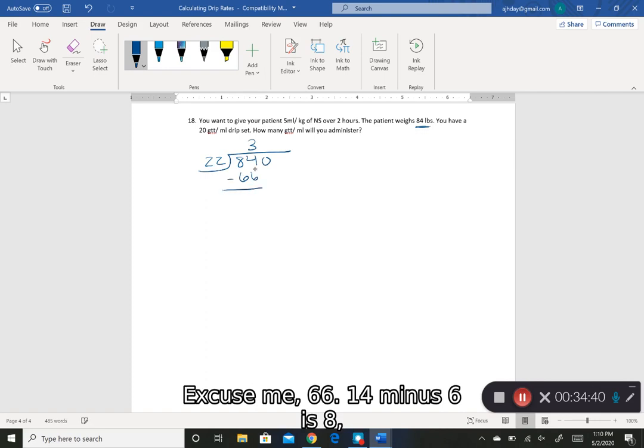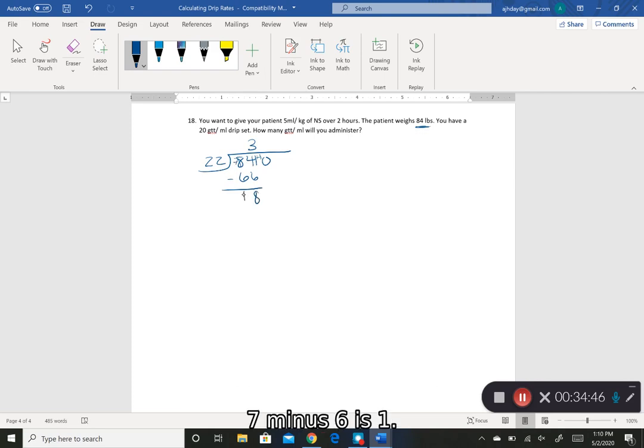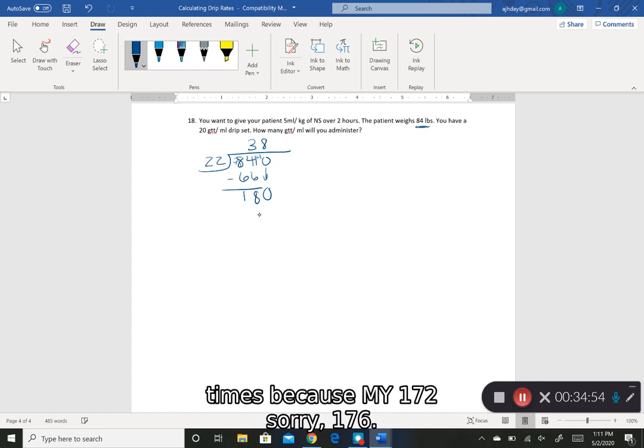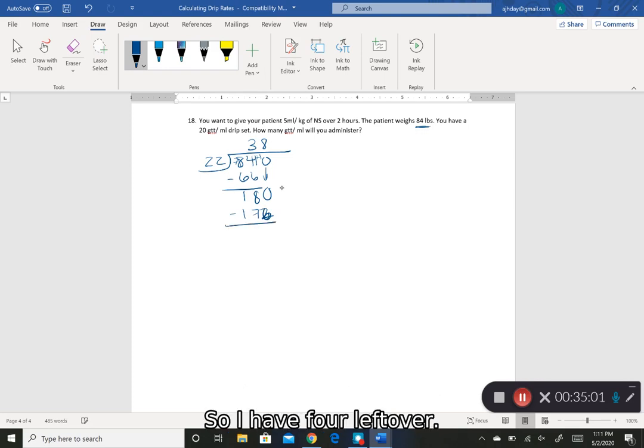which gives me 66. 84 minus 66 is 18, so I have 18 left over. 22 goes into 180 8 times, which gives me 176. So I have 4 left over. So that's my remainder.